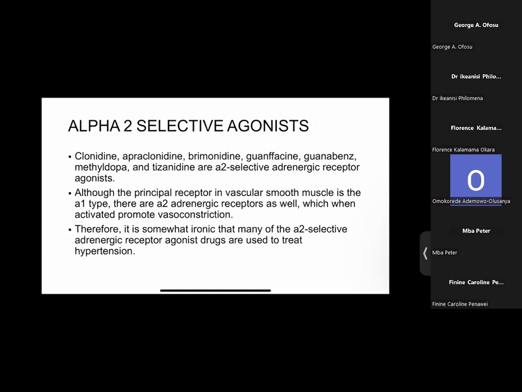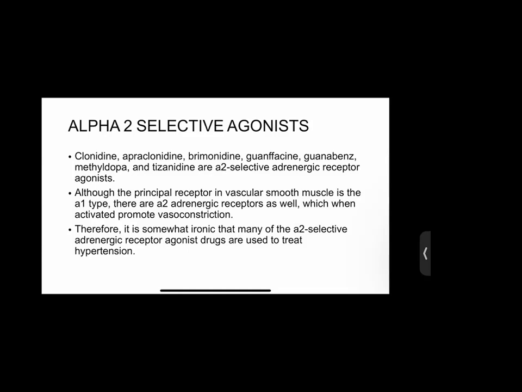We'll go to the alpha-2 selective agonists. In this class we have clonidine, apraclonidine, methyldopa, and tizanidine. They are all alpha-2 selective adrenergic receptor agonists.